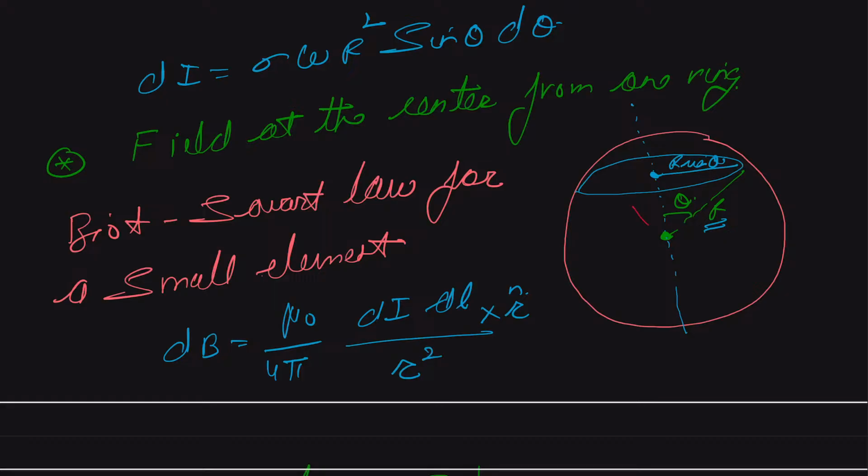So it will be somewhere like this, so this will be a dB. And this is a current element somewhere here, that is dl. And there will be another current element somewhere here, which will also be a dl, and whose magnetic field will also be in this direction. If we divide that into two components, the horizontal components are going to balance out each other. So the only component that will be left will be the vertical component.